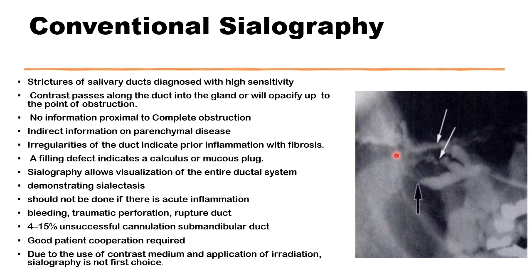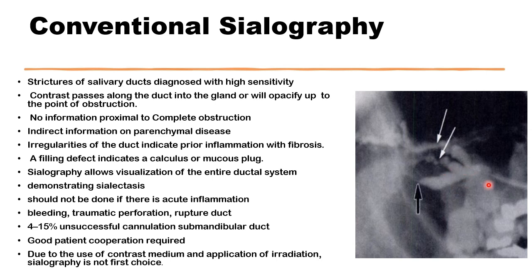The irregularities in the duct would usually reflect an inflammatory process, some fibrosis following this. A filling defect could either be a stone or a stricture or a web or even a mucus plug, and it may show some dilatation of the ducts like sialectasis.